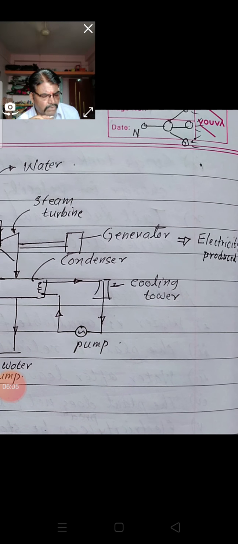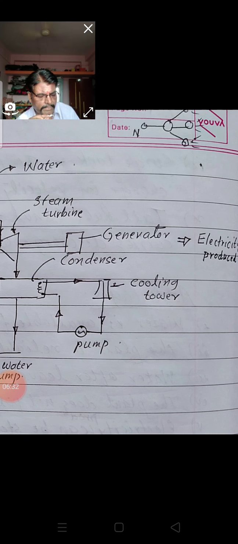The circulating water in the condenser absorbs heat from the steam, which condenses. This heat is given to the atmosphere in the cooling tower, and that is the function of the cooling tower. The cooling tower is always connected to the condenser, which supplies the water so that the condenser condenses it, and the condensate goes to the feed water and again goes into the circuit.